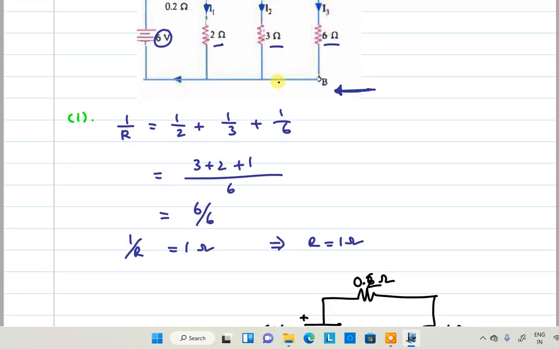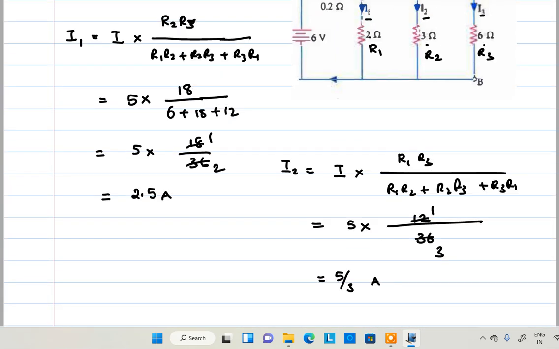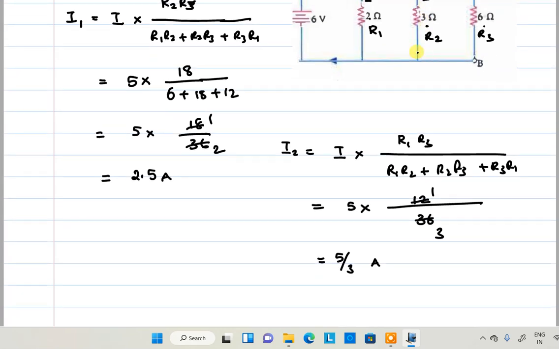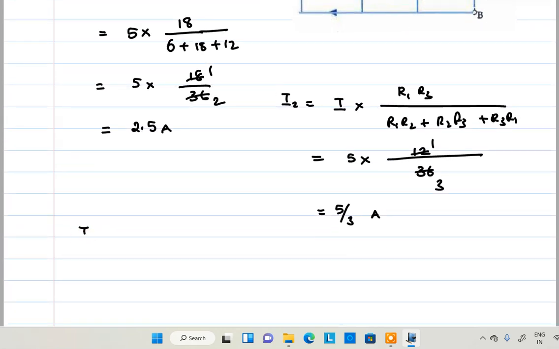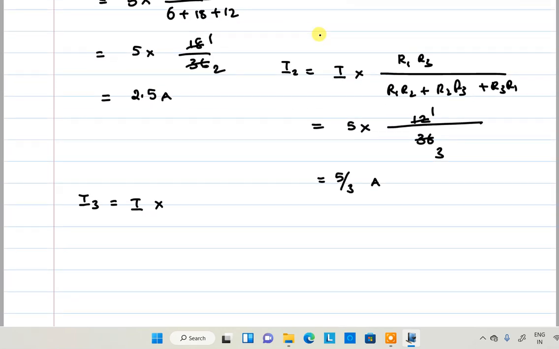Right. Next, I3. I3 can be found directly by subtraction, 5 minus 2.5 minus 5 by 3, and we will get I3. But we are applying the current division rule. For your understanding, I am going to write the formula once again for I3. I3 is nothing but the opposite of these two resistances, multiplied, that is R1 R2 by R1 R2 plus R2 R3 plus R3 R1.